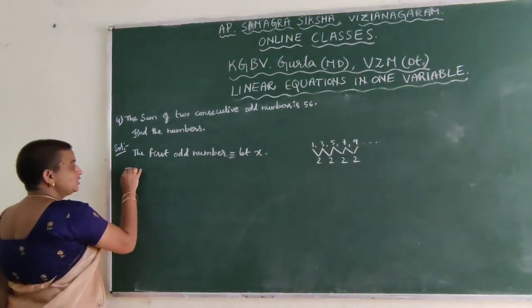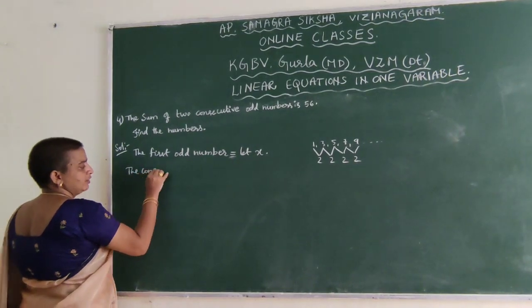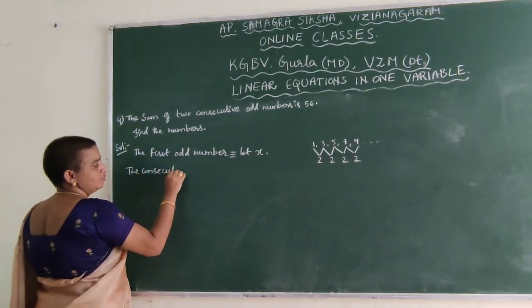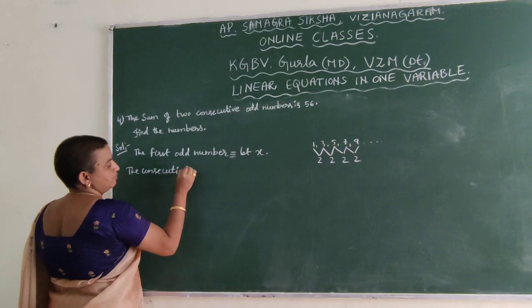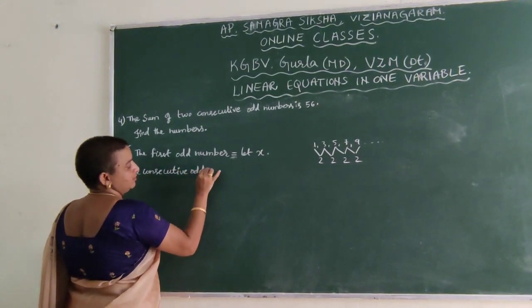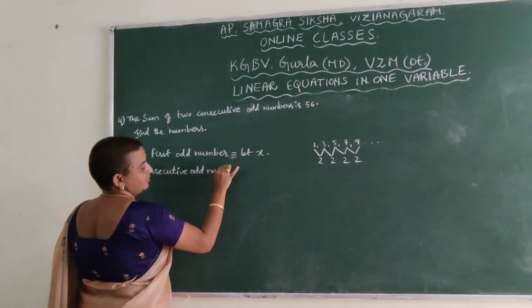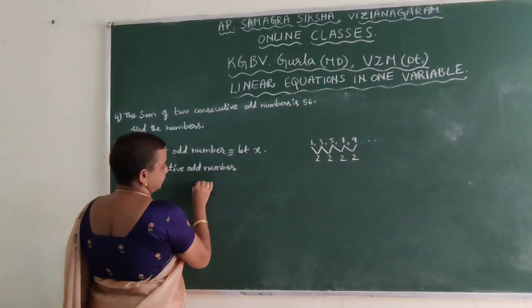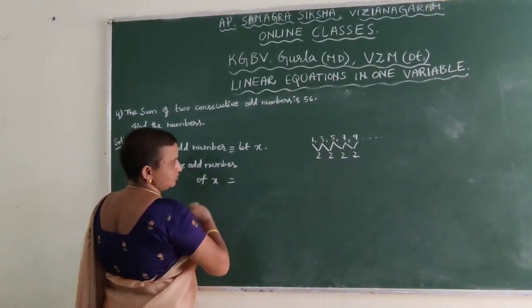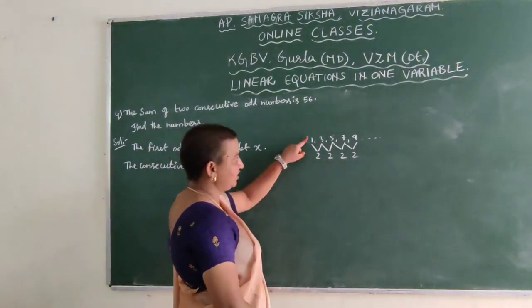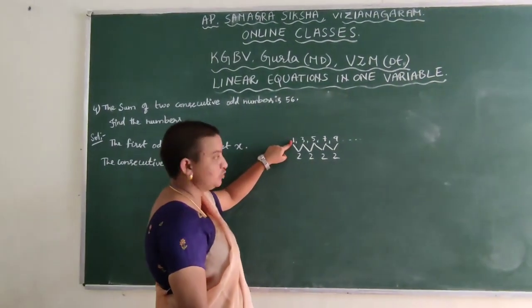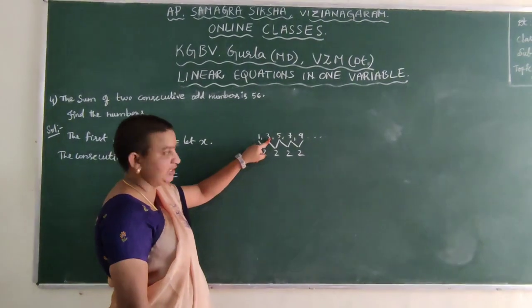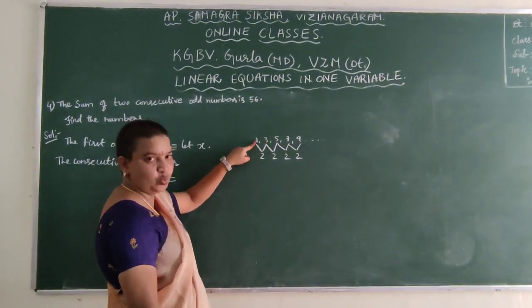The consecutive odd number of x: if we take the first number as 1, to get the consecutive number 3 we have to add 2 to 1.